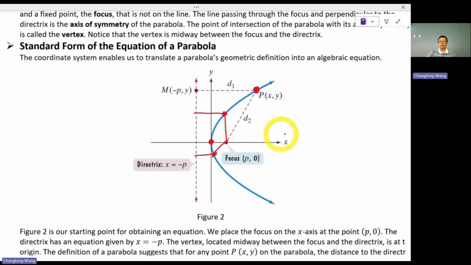So if p is positive, and in this case p is positive, the directrix is going to be x equals negative p, right? A line that has no room for the y, x equals negative p, that's a vertical line.